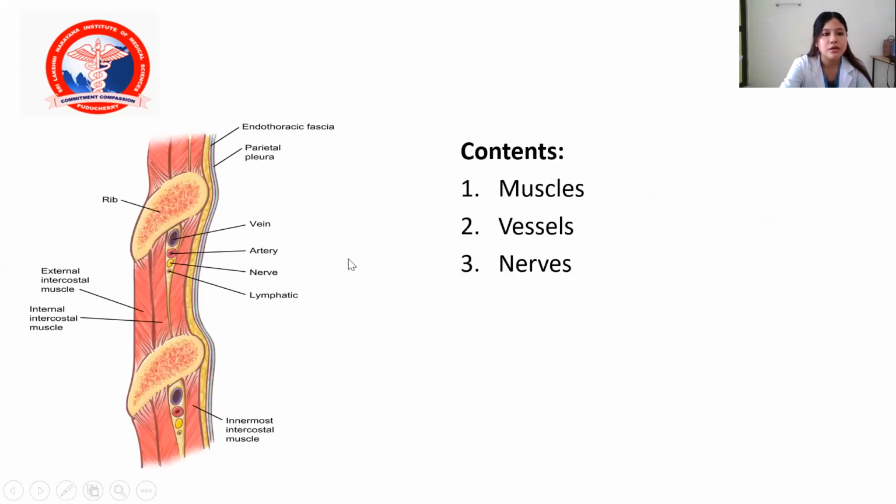Here you can see from exterior to interior: the external intercostal muscle, also called intercostalis externus, and the internal intercostal muscle, also called intercostalis internus.